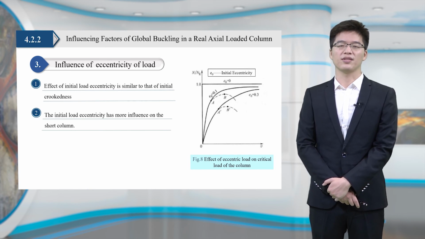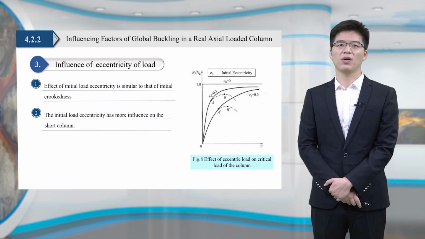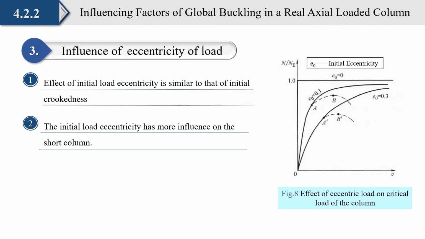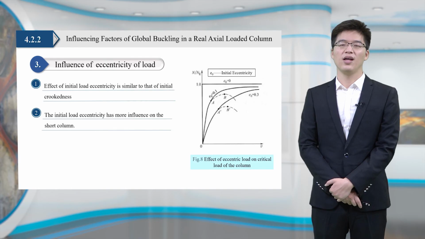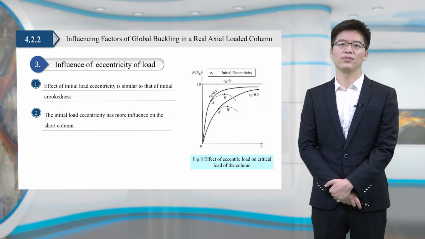Third, the influence of the eccentricity of a load. Due to reasons such as constructional detail, cross-section, member processing, and installation, the actual force at the end of the column can't strictly act at the centroid of the cross-section. This deviation would result in an eccentricity of the load and reduce the stability capacity of the column.